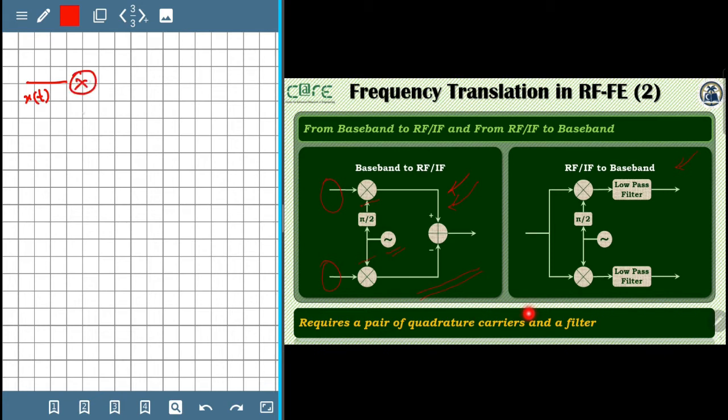It gets multiplied with e power minus j 2 pi fct, and then we apply a low pass filter to produce the signal s of t.